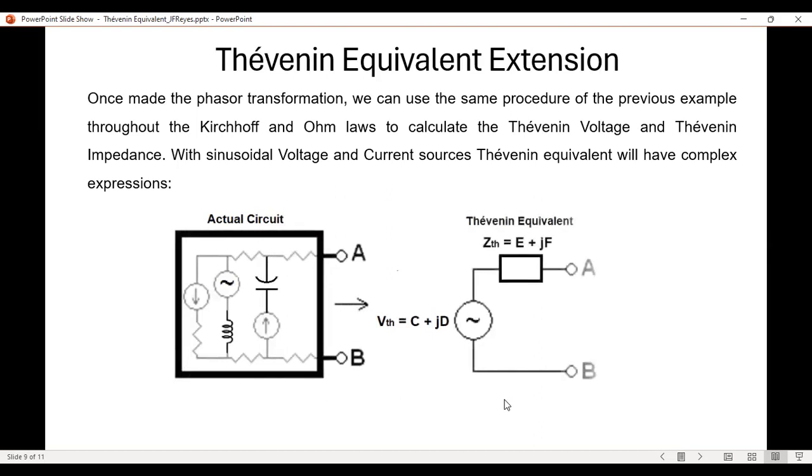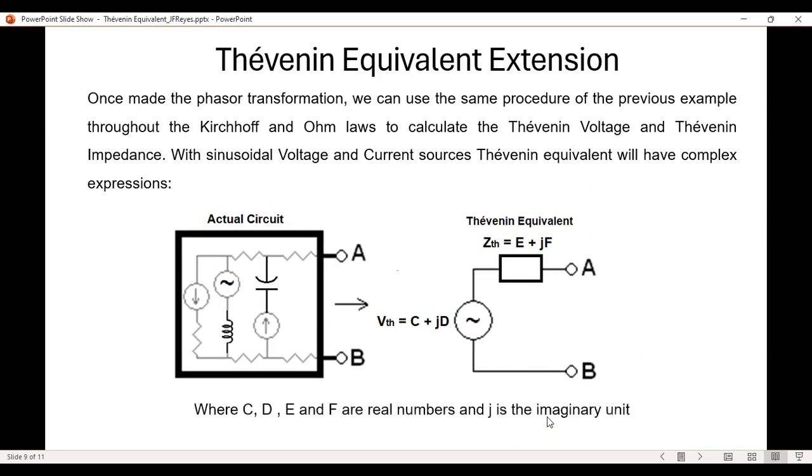As we see in the pictures, if we have a complex circuit having alternating voltage and current sources, resistances, inductors, capacitors, and a pair of terminals A, B, the Thevenin equivalent will have phasors or complex expressions for the Thevenin voltage and Thevenin impedance.